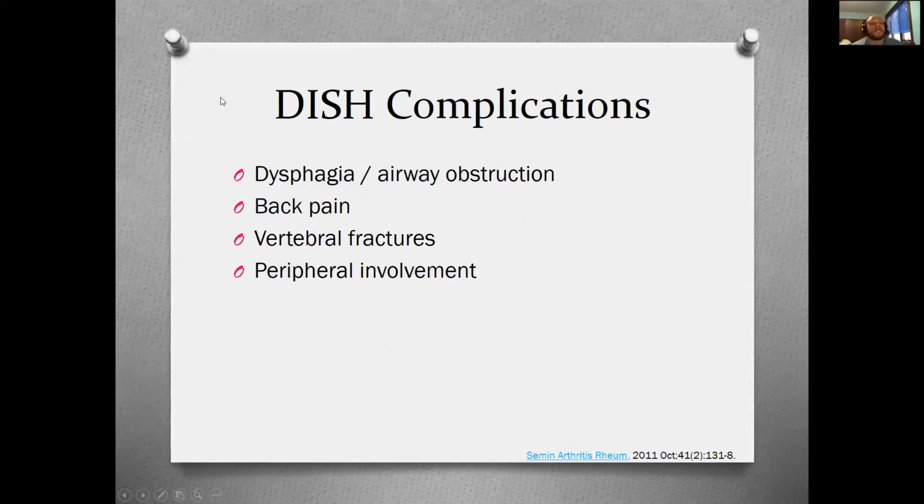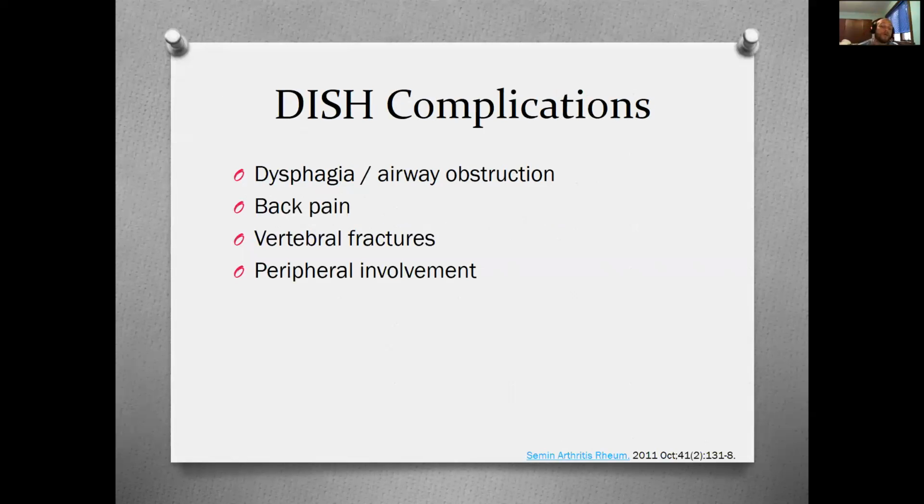So what are some complications we see? Now, one of the, I would say, a worrisome complication and a very potentially traumatic complication of patients is dysphagia or airway obstruction. So they're not able to talk very well, they're not able to breathe, they're not able to swallow pills, they're not able to drink water, and this is caused from compression of the esophagus.